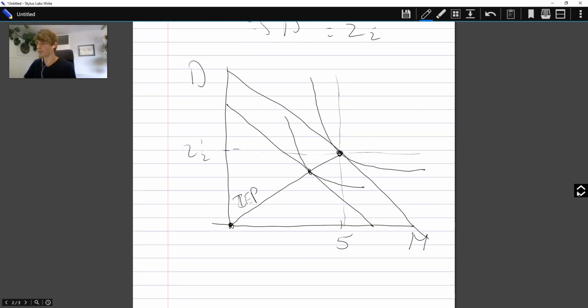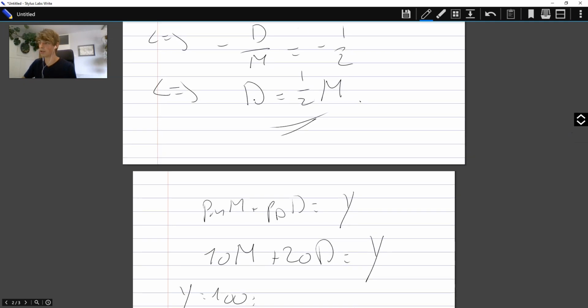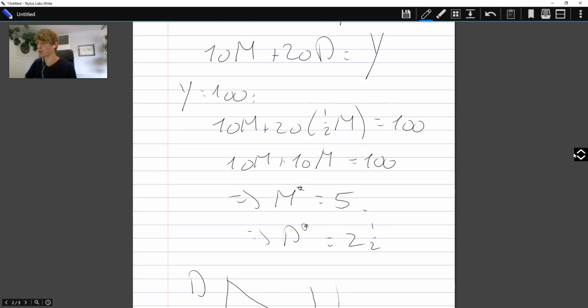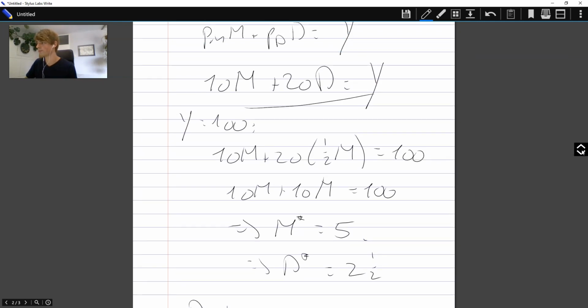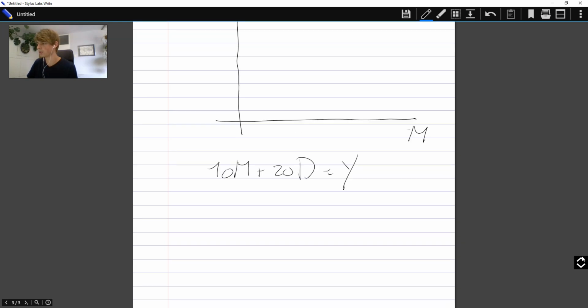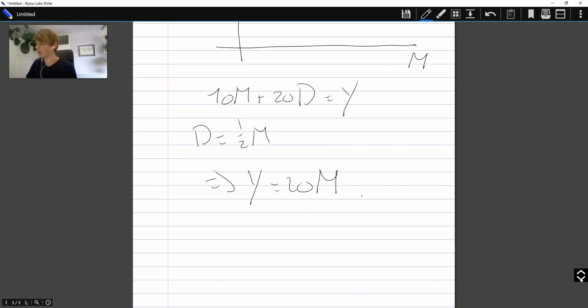Well, again, we know that the number of DVDs equals 1/2 times m. So we can use this function over here. So we have this budget constraint, right? Then we know this is true. And so we find that this is true.